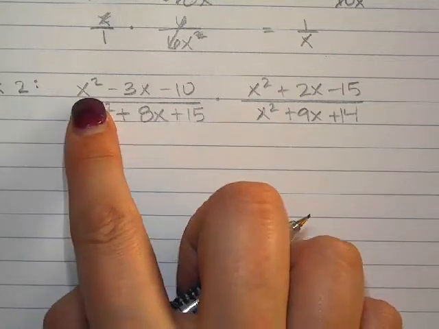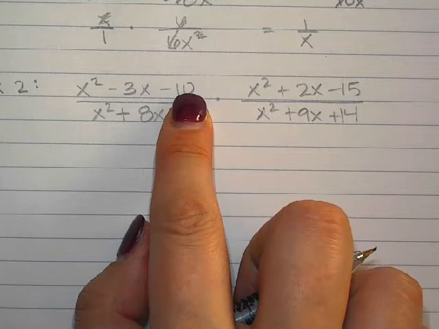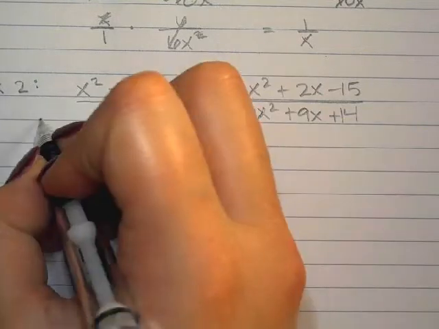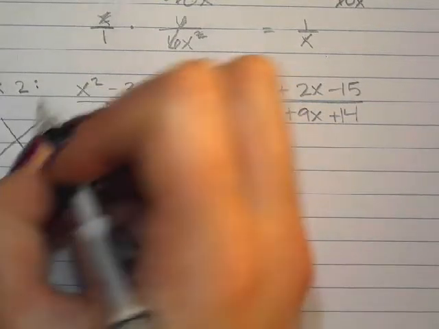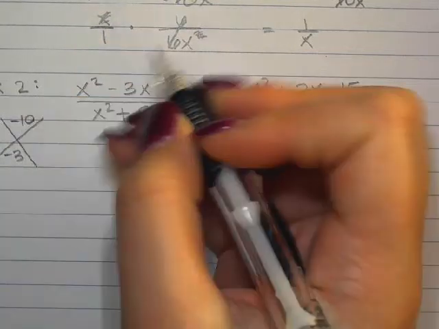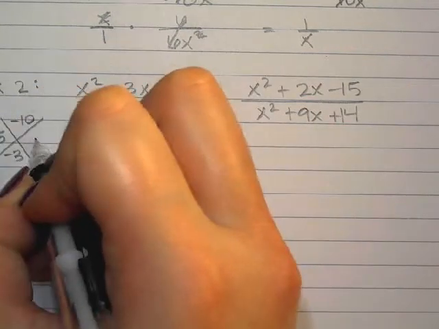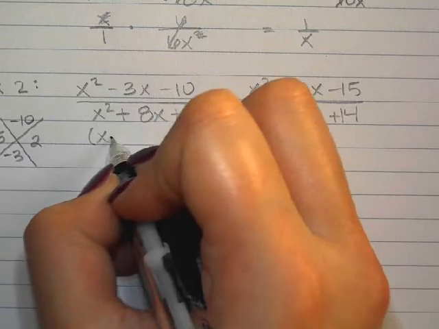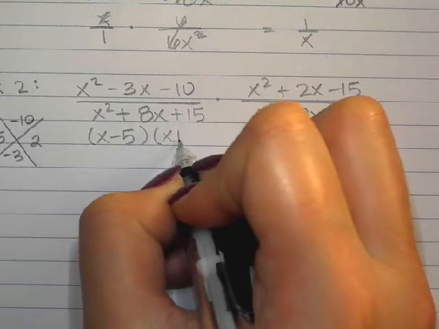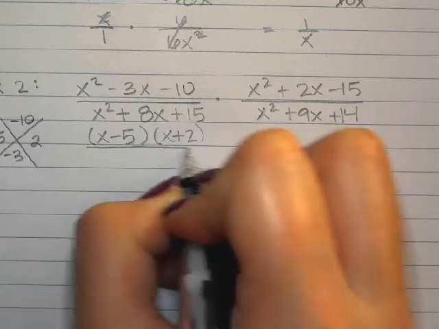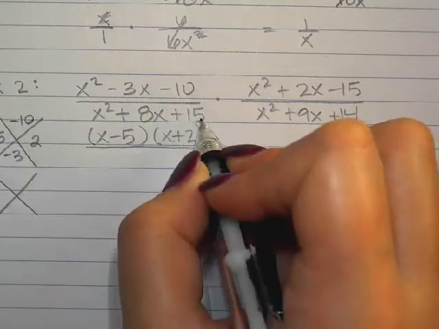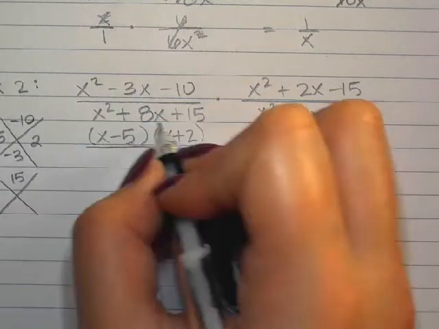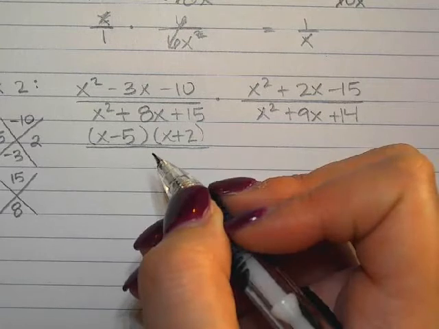So for this one, I'm looking for two things that multiply to be -10 but add to be -3. So that would be -5 and +2. For the denominator, I'm looking for two things that multiply to be 15 but add to be 8.